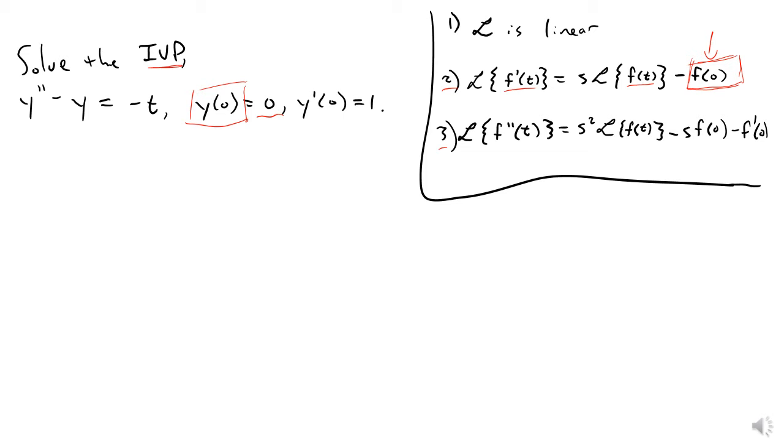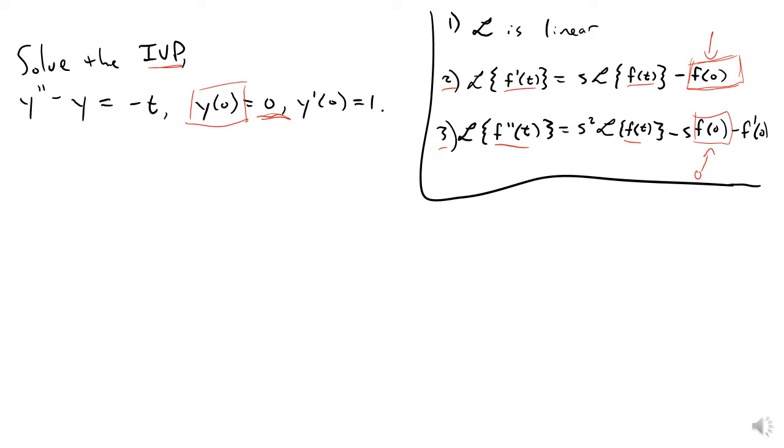Similarly, in the third property listed here, the Laplace transform of f double prime equals s squared times the Laplace transform of f minus s times f of 0, which again, we know exactly what goes there with this initial value problem. In this particular case, y of 0 equals 0, so we would put a 0 there.